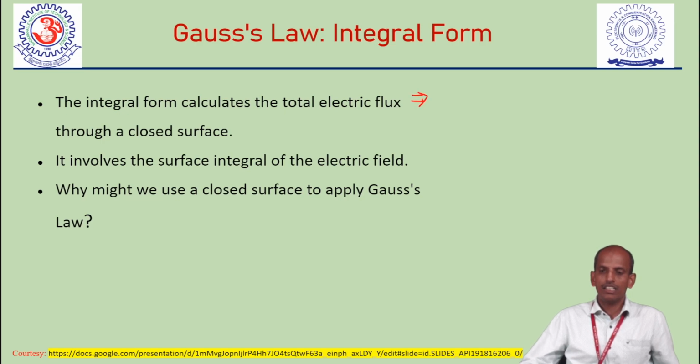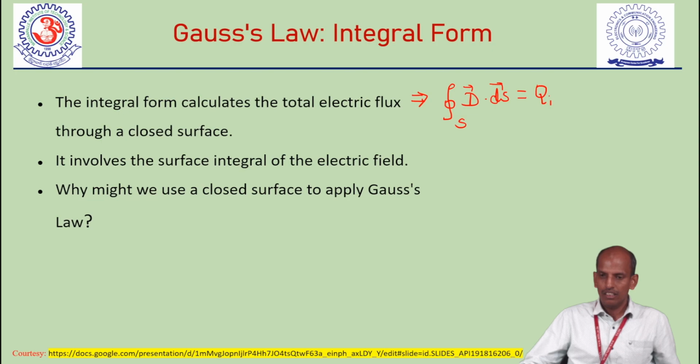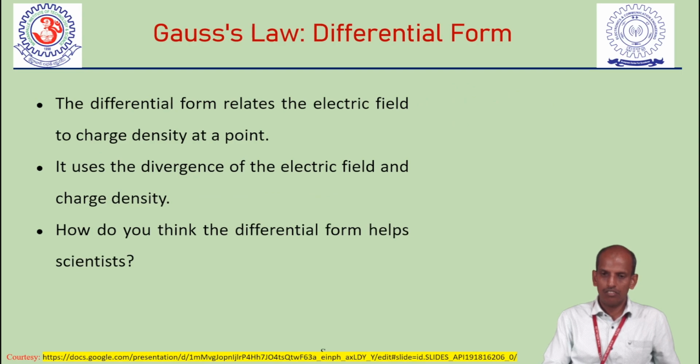One is the integral form. See very carefully: D dot ds is equal to q in. This is called the integral form of the Gauss law.